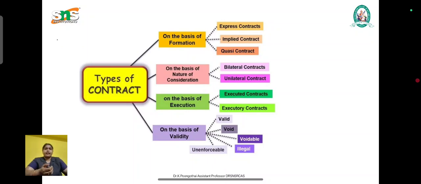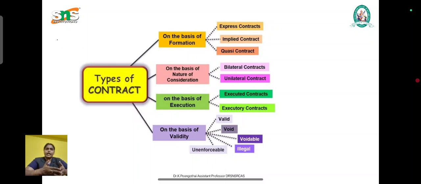The next thing is types of contracts based on performance. One is executed and another is executory. Executed means completed. A contract where both parties have completed their obligations. Example, cash purchase in a shop.